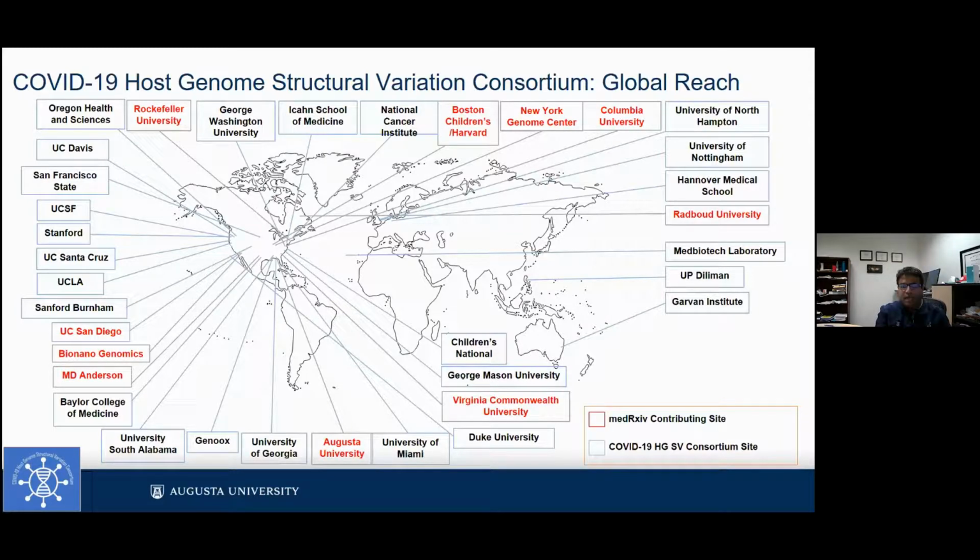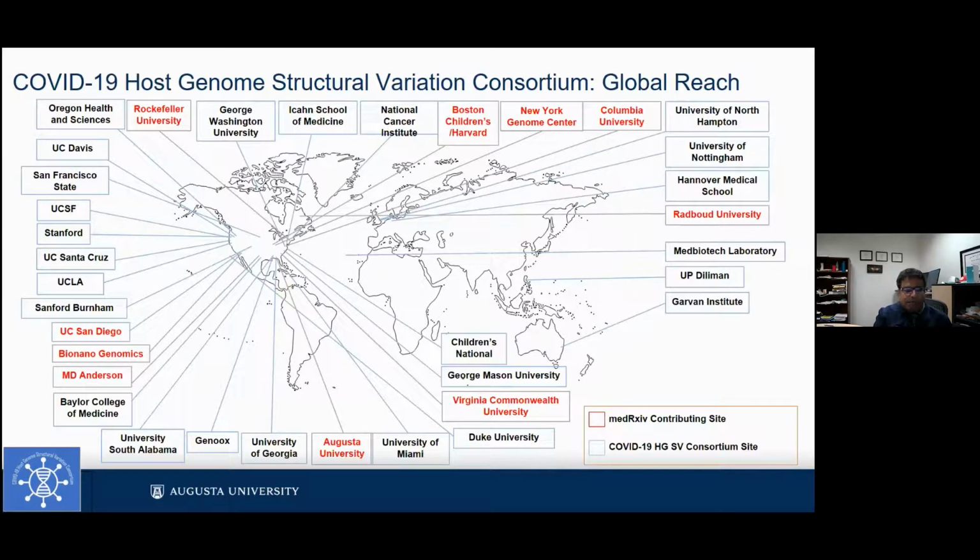Each and every lab brings in a unique understanding and knowledge of COVID-19 to the consortium, and it has been an extremely fruitful collaboration.